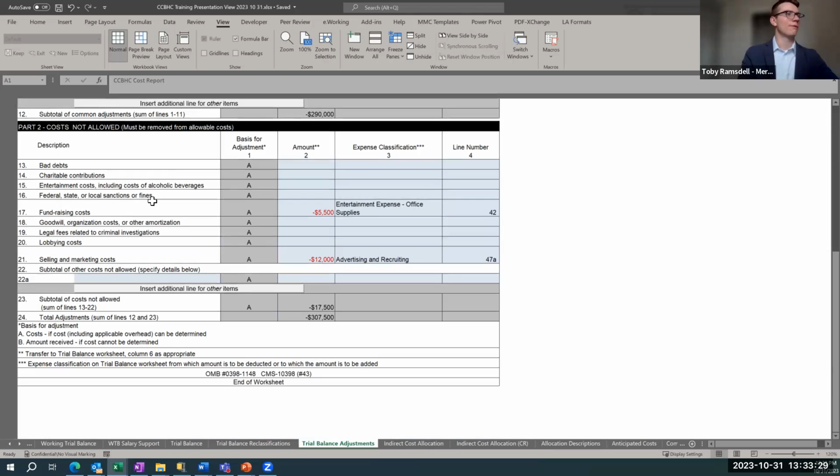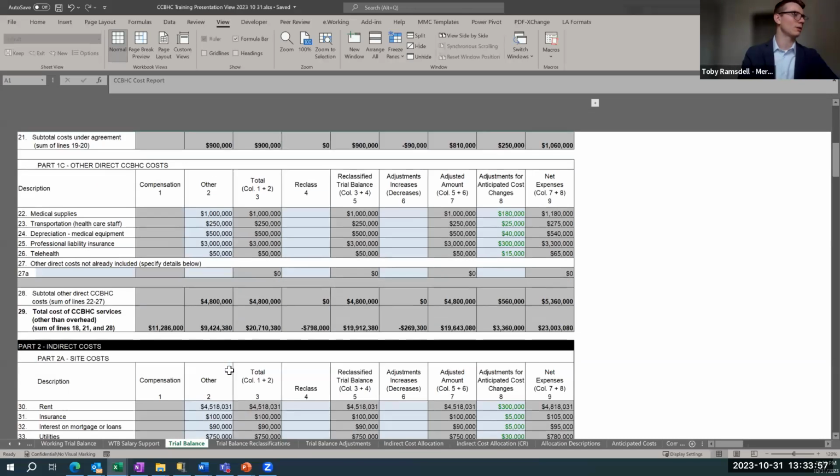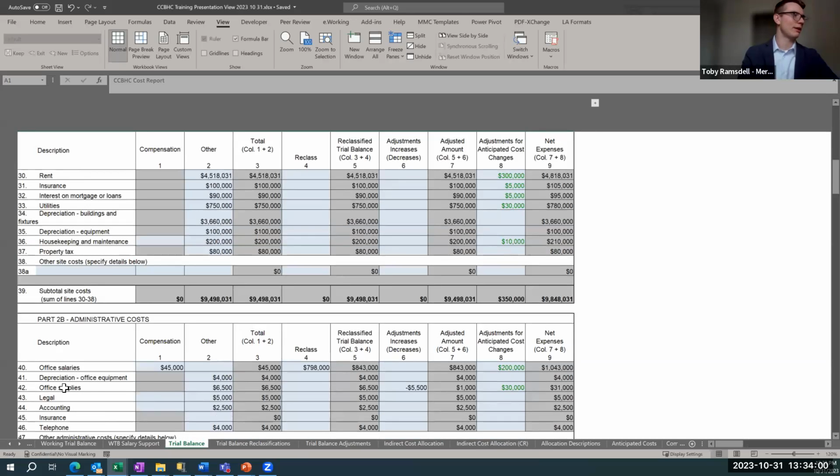Okay, for fundraising costs, remember these are my unallowable costs. So any of these items that appear in my general ledger, I will need to remove from the cost report. So fundraising is unallowable. So let's say I had an office entertainment expense, maybe I held an office fundraiser, and that amount appeared in line 42, which if I go to the trial balance will cover office supplies, line 42.